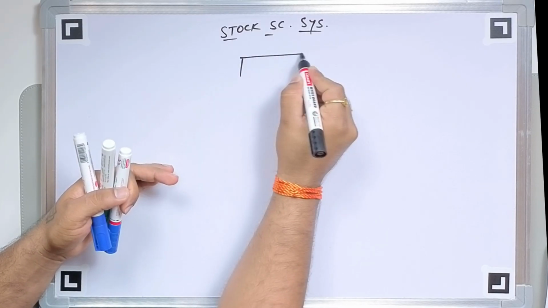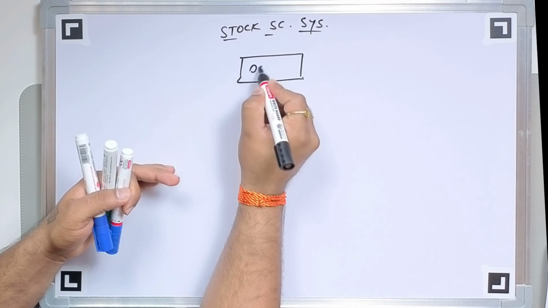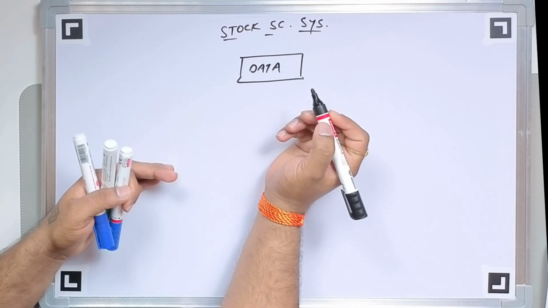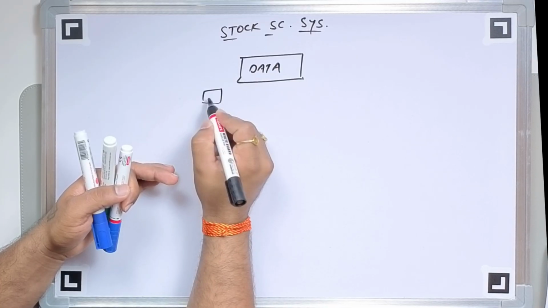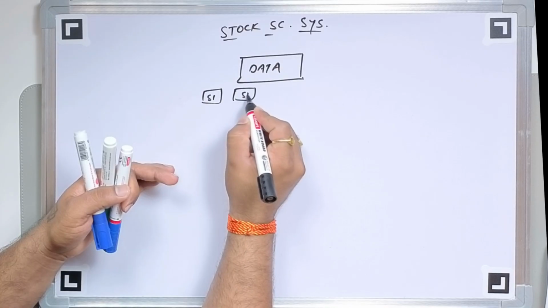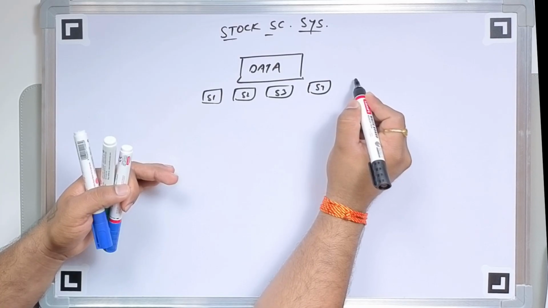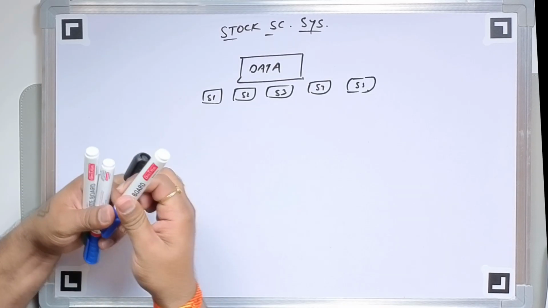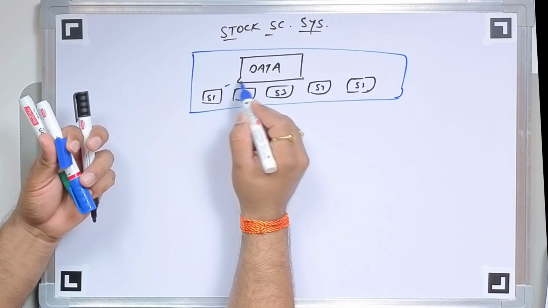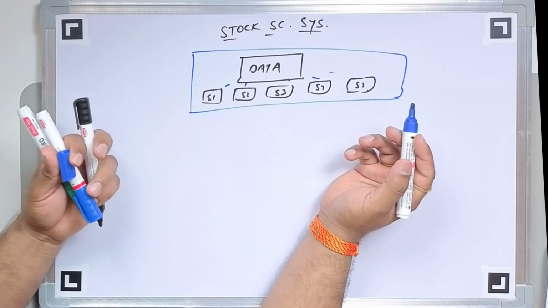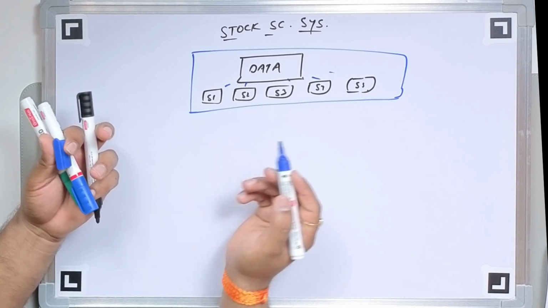In the data, we can have multiple stocks, which I'll reference as S1, S2, S3, S4, and S5. Let's say it will be a bigger box, the data box, in which we have multiple stocks. It can be forex, it can be traditional stocks, it can be crypto also, so you can have multiple cryptocurrencies here.